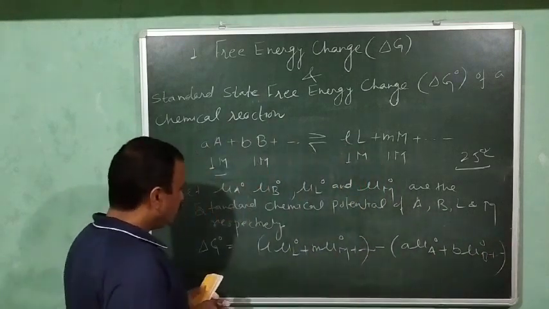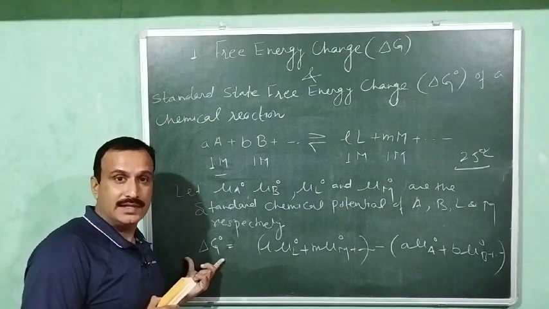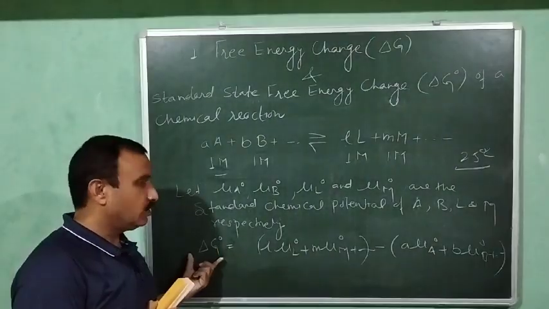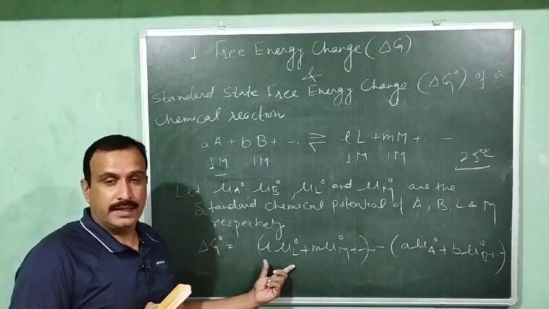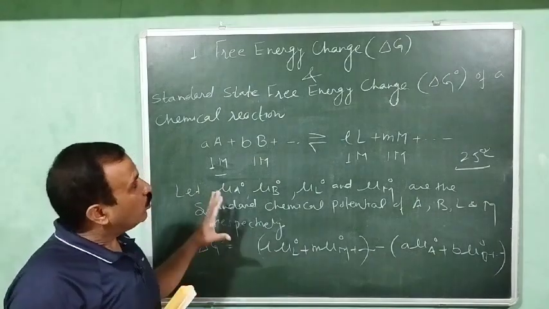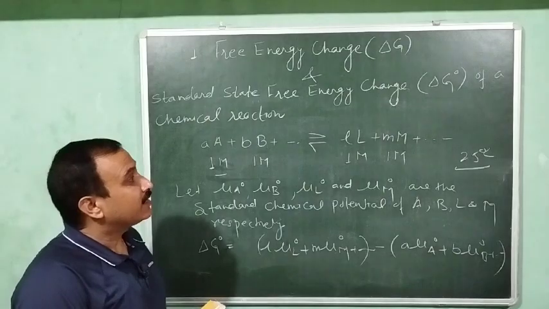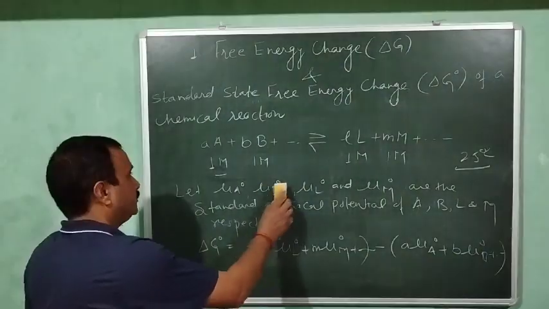In this way we calculate the standard state free energy change of a chemical reaction with the help of standard chemical potentials. Now we will explain the difference between this delta G and delta G naught.